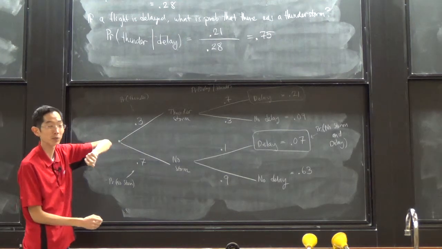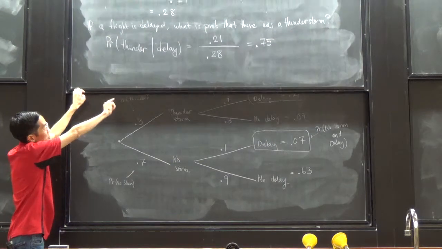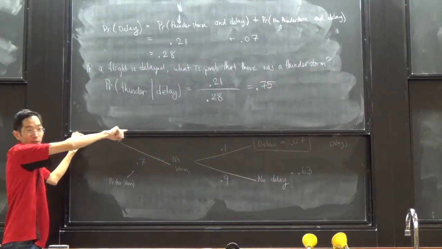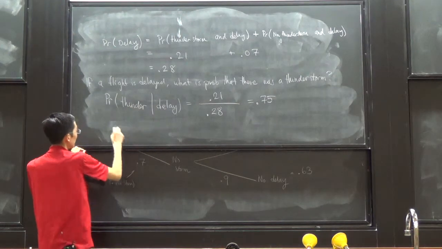Here, we'll try an example just to make sure we understand this. Let me put the general formula form of this. Thunder given delay.